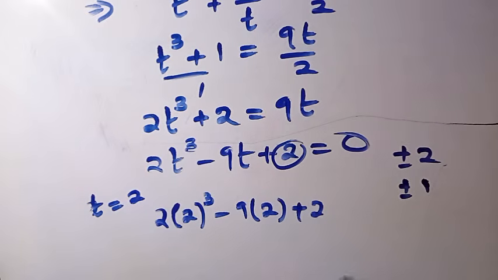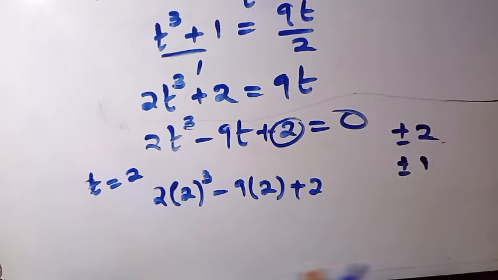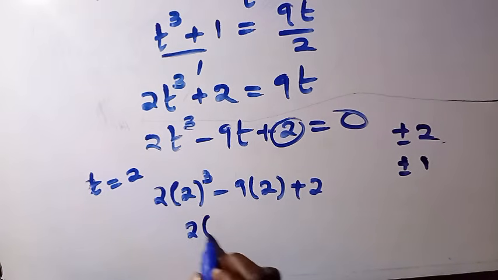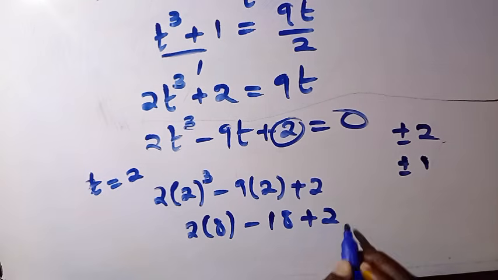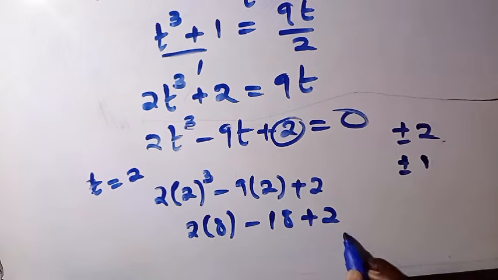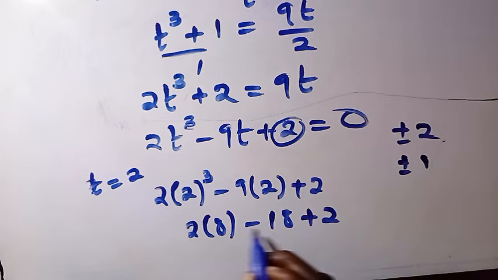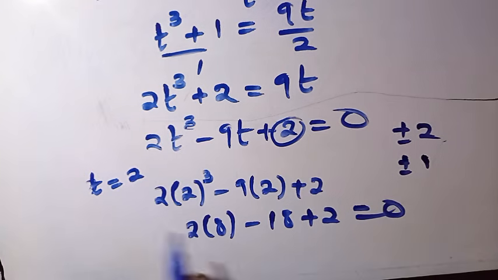We want to check if this equals 0. If it equals 0, definitely t equals 2 is the solution here. So here we have 2 into bracket of 8 minus 9 times 2, that is 18, plus 2. 2 times 8 is 16 plus 2, that is 18. 18 minus 18 equals 0. So therefore, t equals 2 is the value of t here.